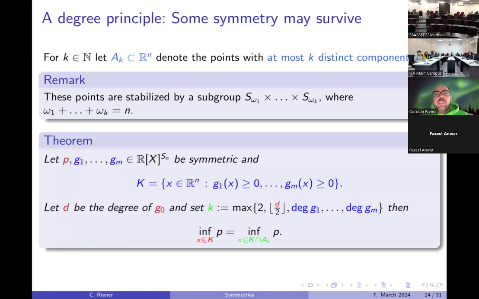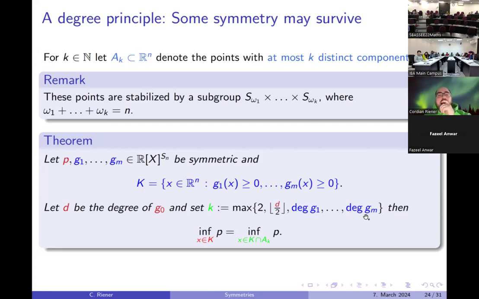This tells us, if I have an optimization problem and all the polynomials that are involved are symmetric, so this specifically only works for the symmetric group, and the degree of them is nicely bounded so that it's small, then I can define this number k to be the maximum of 2, half of the degree of my p, and the degrees of these g1 to gm.